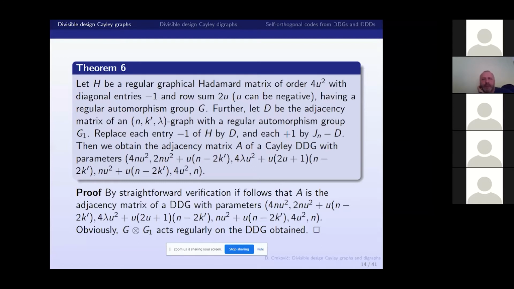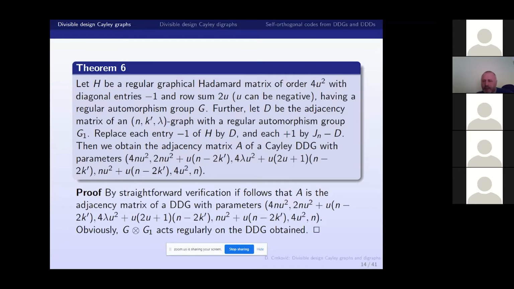If we replace each entry -1 of H by D and each entry +1 by the all-ones matrix minus D, then we obtain the adjacency matrix A of a Cayley DDG with these parameters. I will not read all of that.